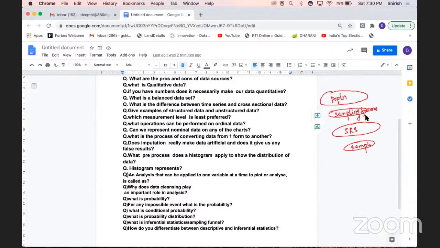Okay, then we are left with the sampling frame and SRS. Now, what is a sampling frame? It is the second thing in our funnel. I have not made it a funnel shape, but still.